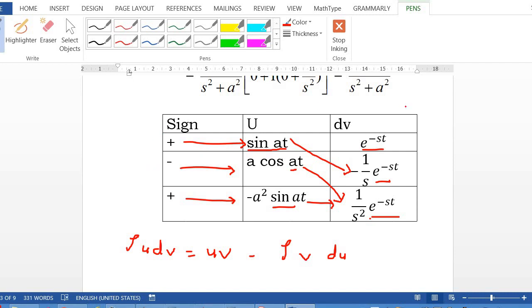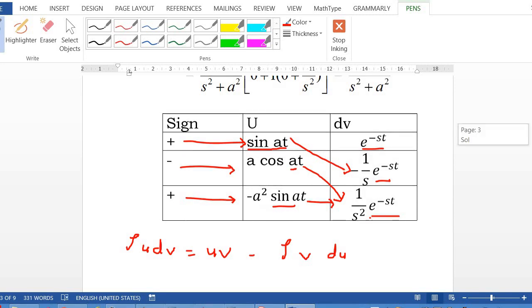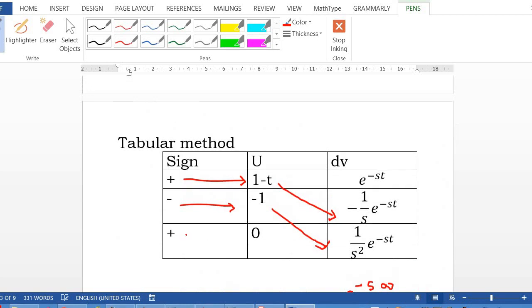The tabular method is a systematic way to do your integration by parts, meaning for those by-parts problems where you need to do several rounds. So minus v du is here, the positive and negative. This is v, this is du. For a polynomial function, it's this one because this is 0, so minus the integral of 0 times this is 0. That's why we just skip this one.